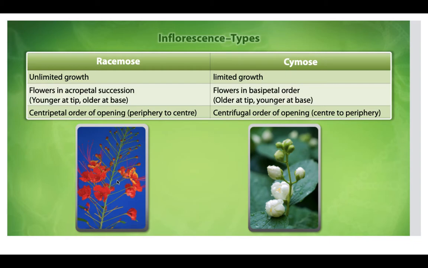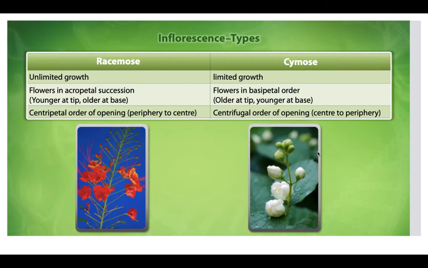While in cymose, we can see a basipetal order, where older flowers are at the tip region and younger flowers are at the base. The third point of difference: in racemose, there is centripetal order of opening, meaning periphery to center, while in cymose type of inflorescence, there is centrifugal order of opening of flowers, from center to periphery.